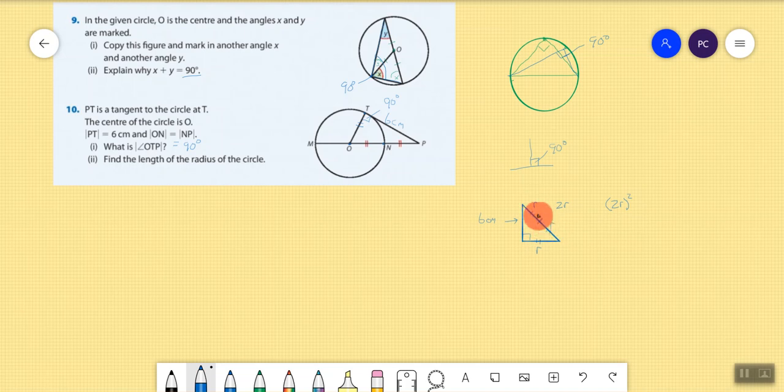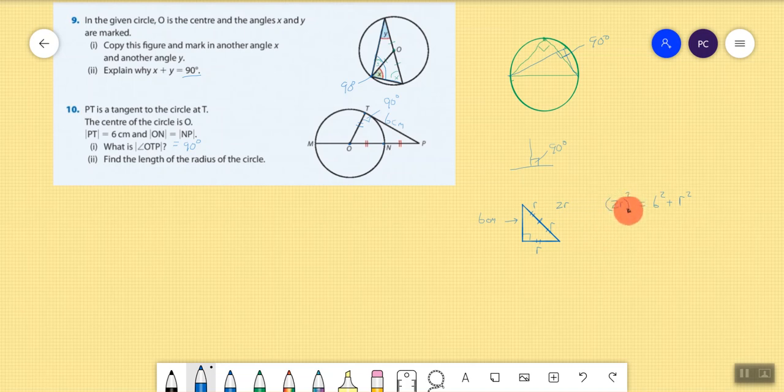So 2R squared, that's this side here, is equal to 6 squared plus R squared.